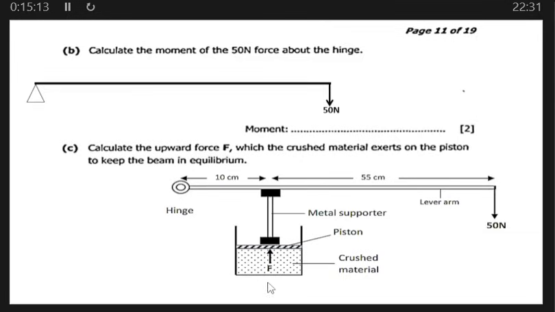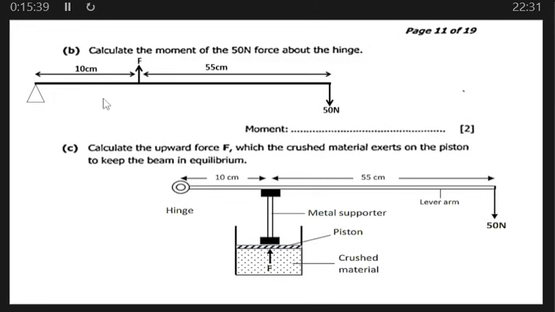As you can see, there's a force here, and we are drawing it somewhere here, acting upward. Then we label the distance between this force and the second force here. This distance is 55 centimeters, and the next is to label the distance from this point to this point, which is 10 centimeters.